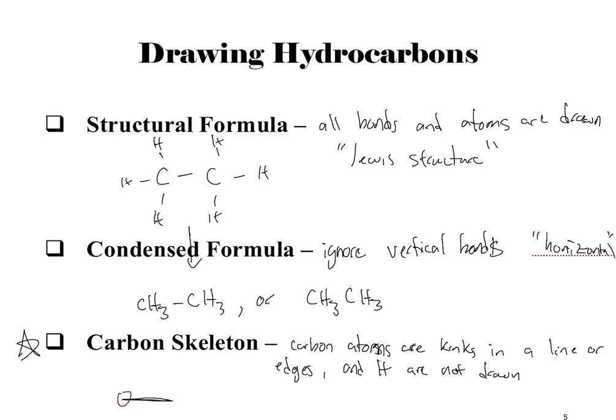Here, carbon atom 1, carbon atom 2, and the hydrogens are just implied. This carbon is only bonded to one other carbon, and there are no double bonds drawn here. The bonds are explicitly drawn between carbons, which means that this has 3 more bonds for it to satisfy octet. Those 3 more bonds have to be to hydrogen. That's the assumption with the carbon skeleton.